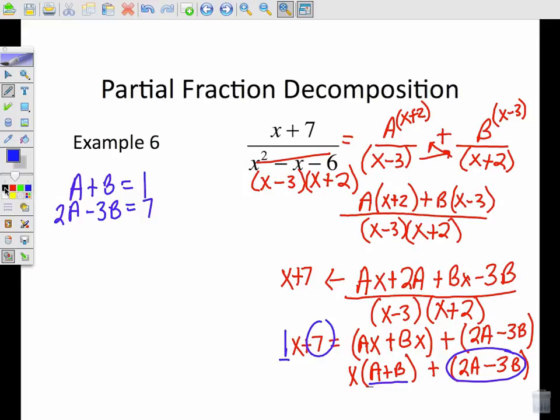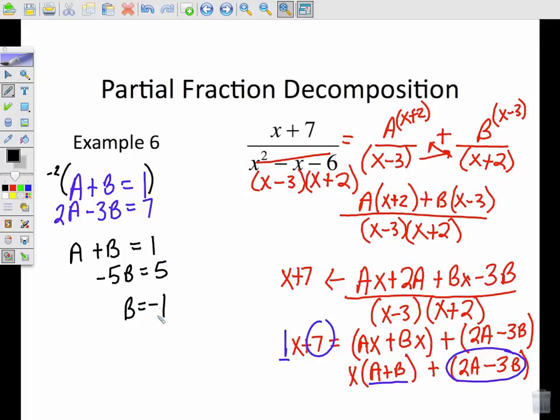I'm going to multiply the top equation by negative 2 and add it to the second equation. And so this is a plus b equals 1. My second equation becomes 0a minus 5b equals 5.